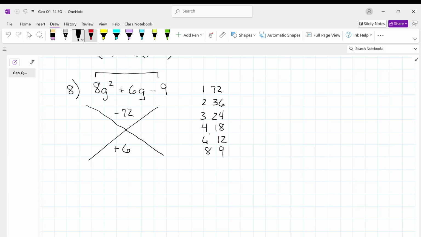The pair that will add to 6 and multiply to negative 72 is the 6 and the 12. So positive 12 times negative 6 is negative 72, and positive 12 plus negative 6 would be positive 6.